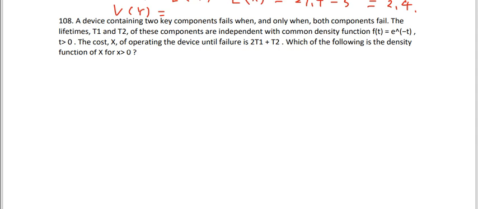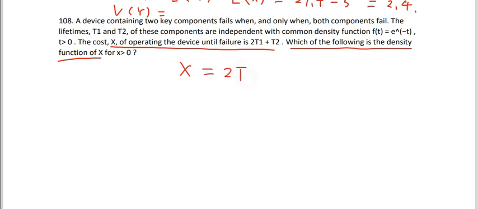Okay, for this problem, we want to find the density function for this x. So what is x? We can say x equals 2t1 plus t2. We want to find the density function for this x. Our method is to find the cumulative function of x.